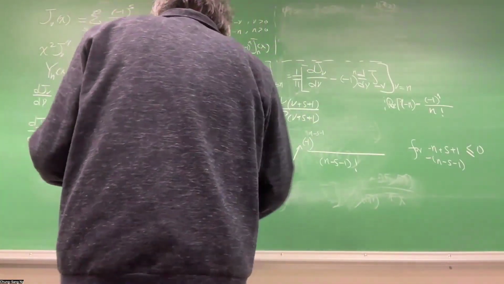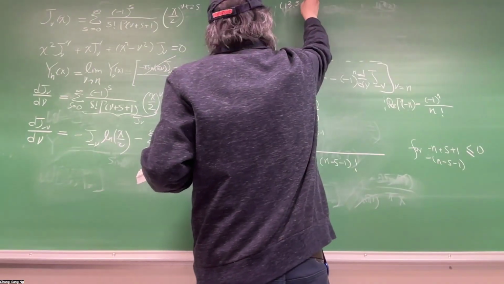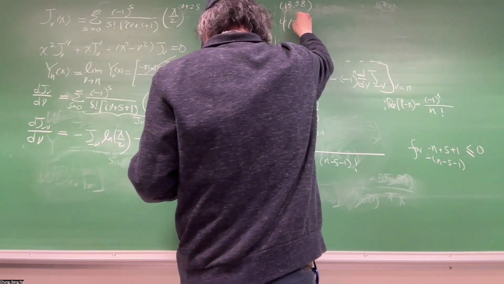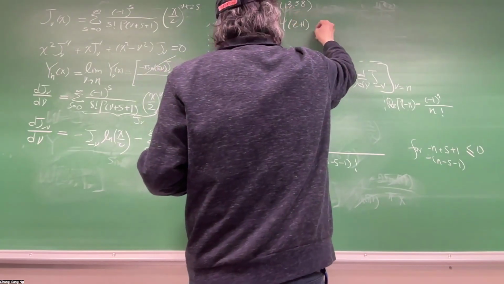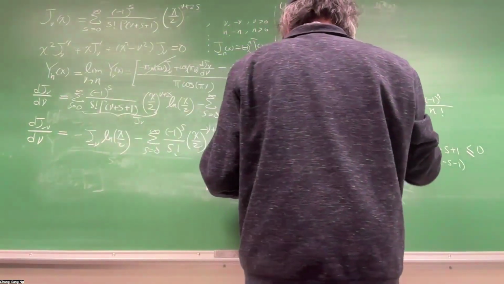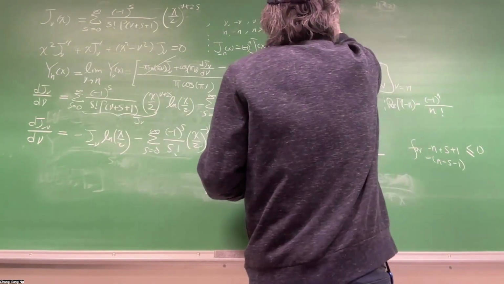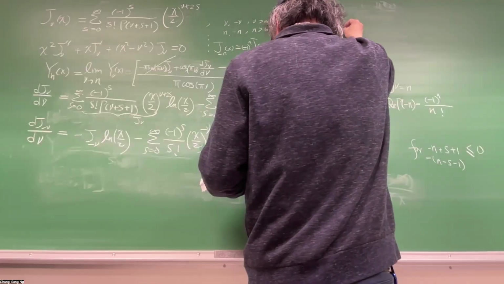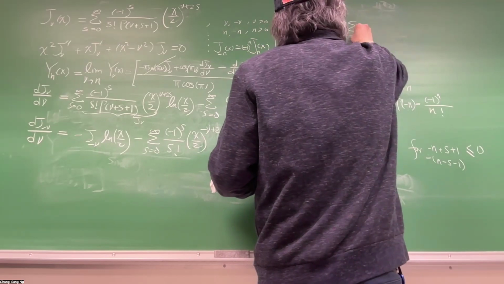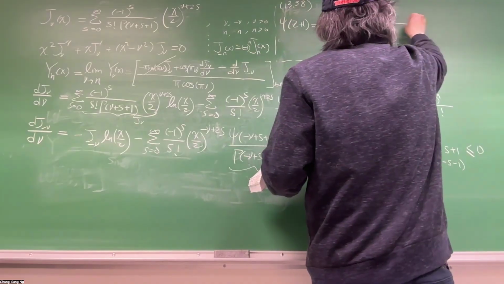The digamma function, 15.38: the digamma function psi of z plus 1 is equal to minus gamma plus a sum over m.